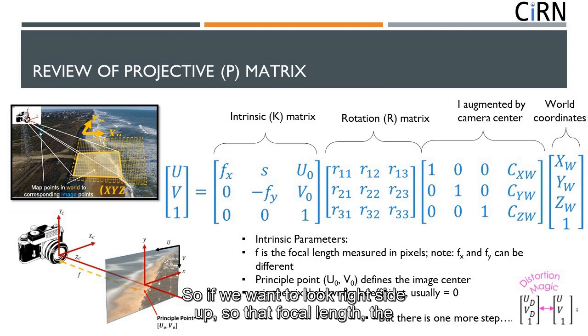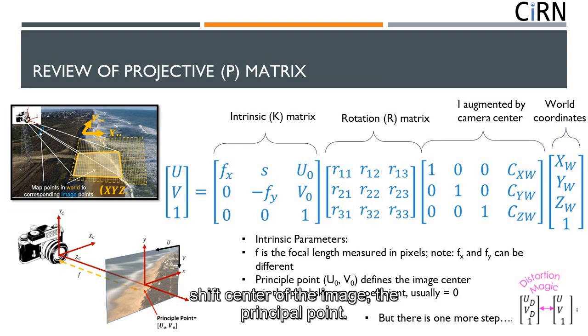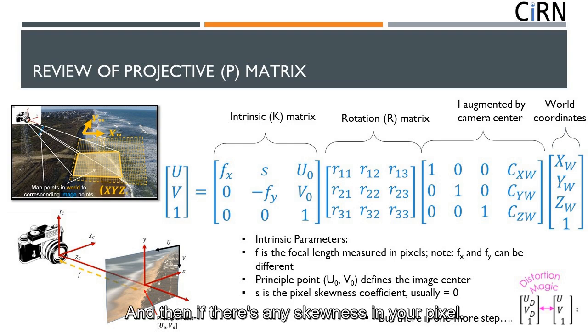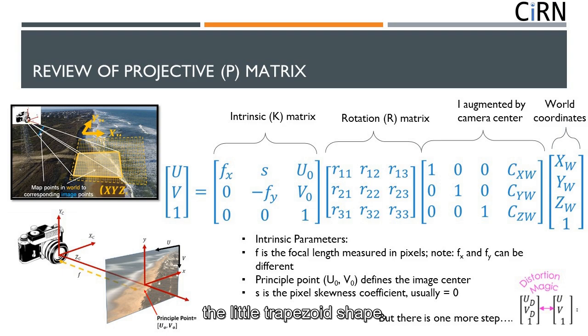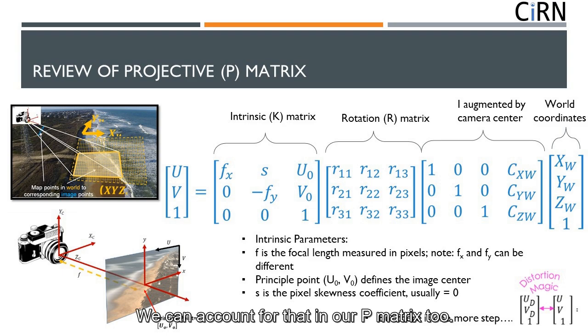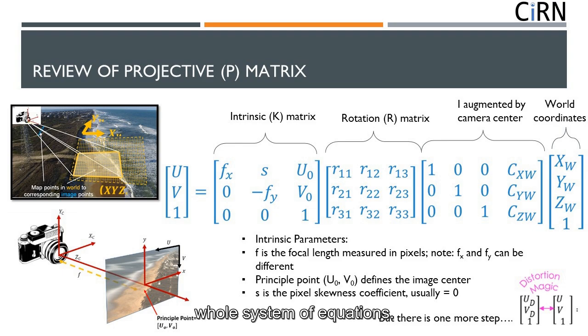So that focal length, the principal point, which in a perfect world would be exactly in the center of your image, but it's not always. So accounting for maybe that slight shift, center of the image, the principal point. And then if there's any skewness in your pixels, so if you don't have a perfect square pixel, maybe it's kind of a little trapezoid shape, we can account for that in our K matrix too. And so we're solving these parameters here as part of that whole system of equations.